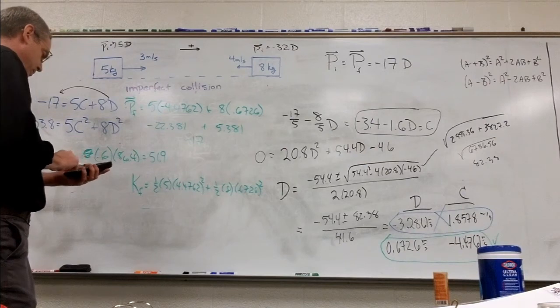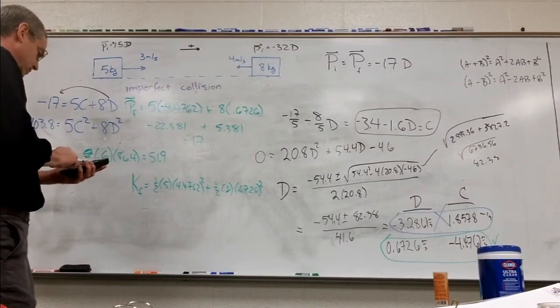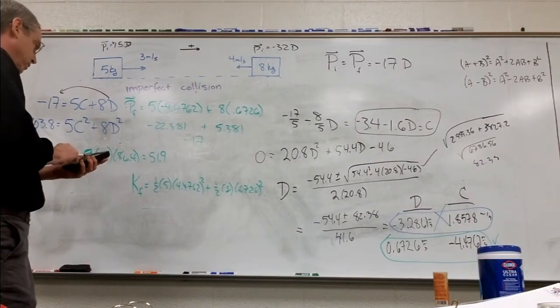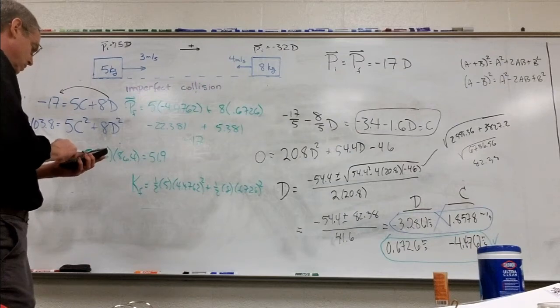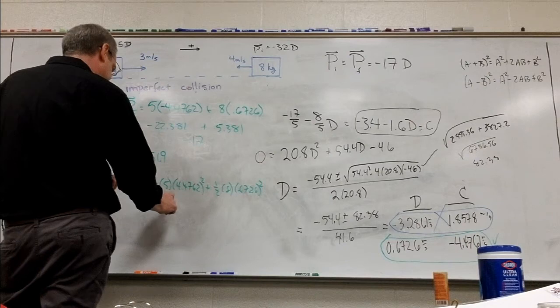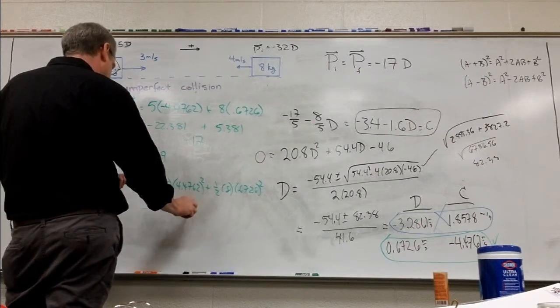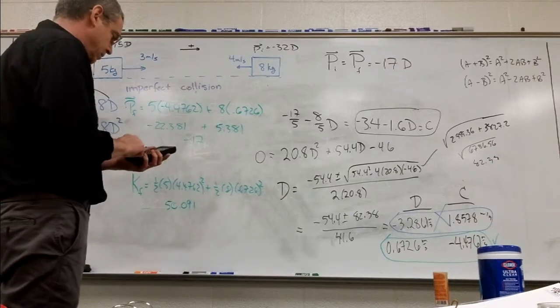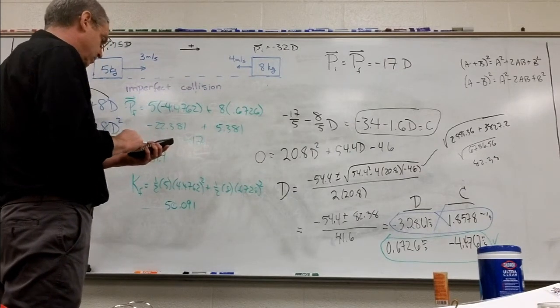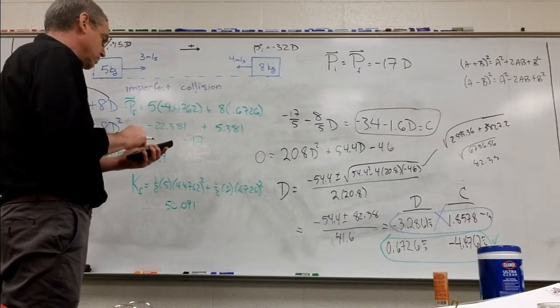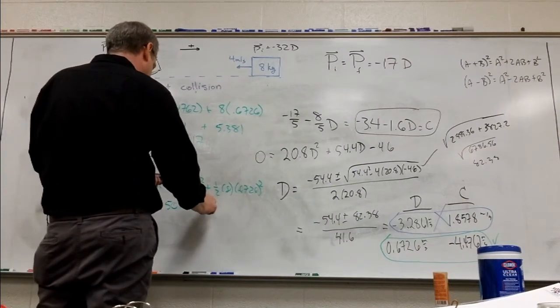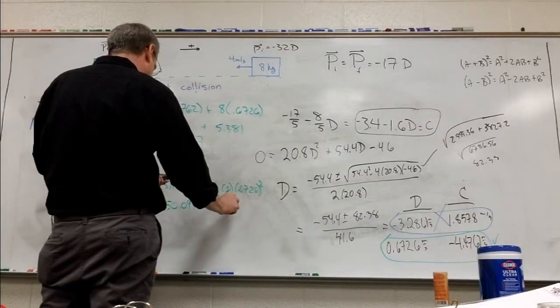So the first one, 4.4762 squared, gives 50.091, and over here, 0.6726 squared times gives 1.810.